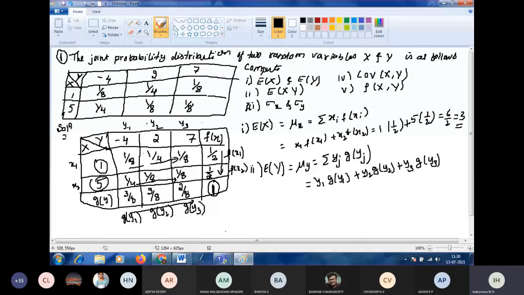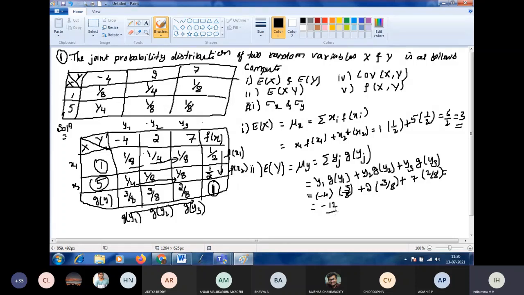Now substitute and calculate. y1 is minus 4, g(y1) is 3/8, plus y2 is 2, g(y2) is 3/8, plus y3 is 7, g(y3) is 2/8. What did you get as the answer?